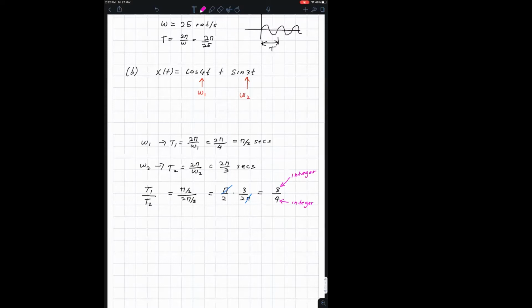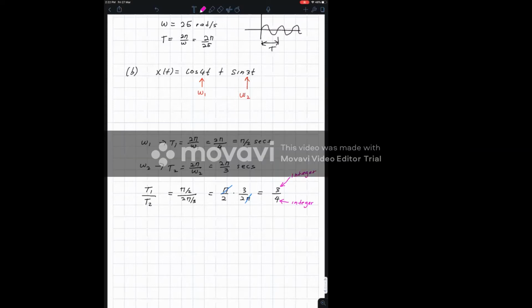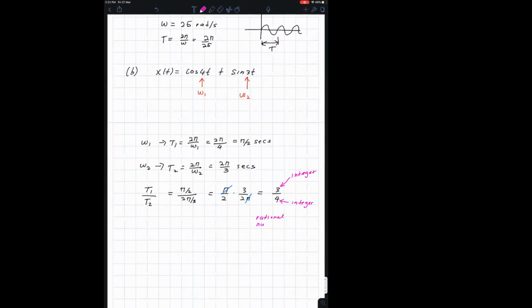It's a rational number, so this means it is periodic. Now how do we find the period?